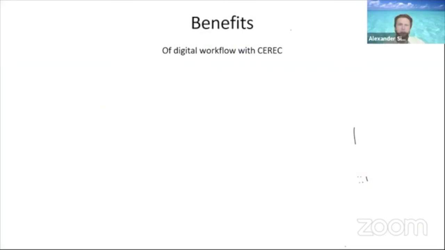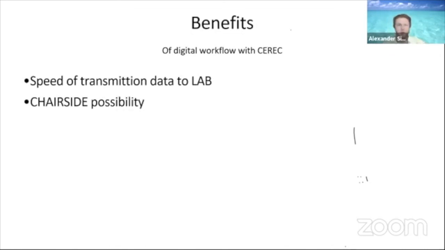And of course, we have some benefits with the absolutely digital workflow. It's the speed of transmission of data to the lab, as I said before. We can have chair-side possibility.